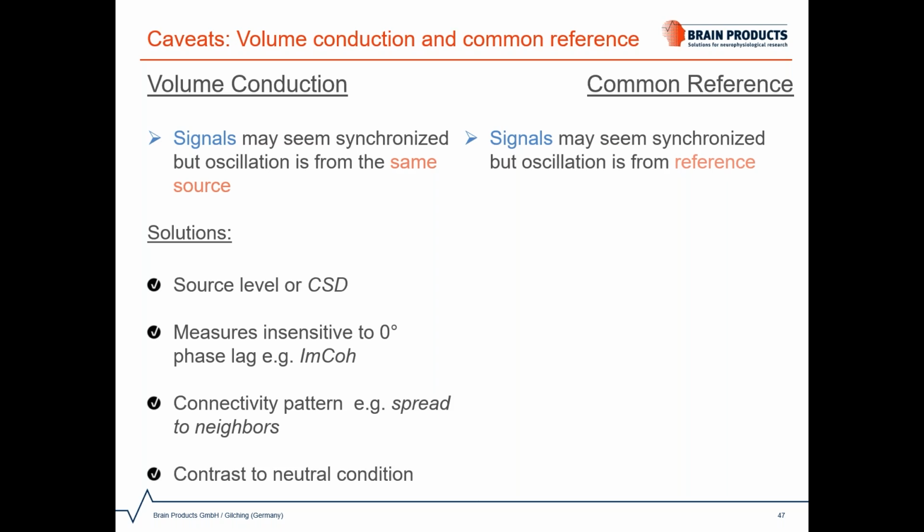Because the problem of volume conduction affects all data at all times and sensors, we can contrast the data to a task irrelevant or neutral condition. In that case, the effect of volume conduction should be present in the task relevant and the neutral condition. In the difference of both conditions, the shared influence by the volume conduction should cancel out.